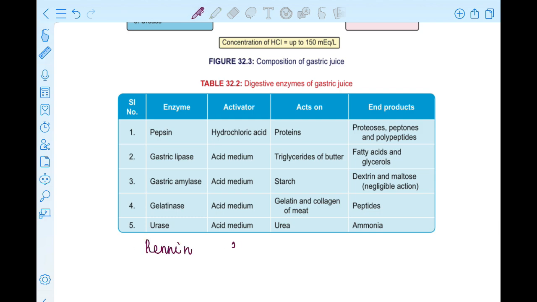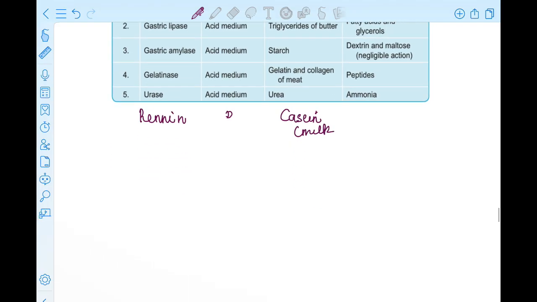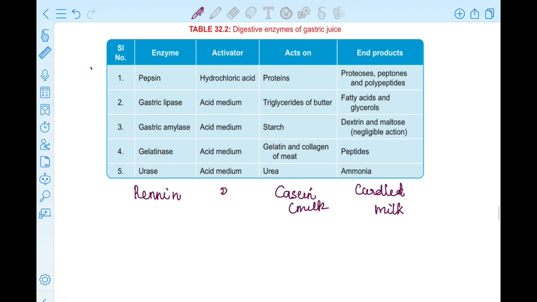Renin again acts under acidic medium and it acts on casein, which is present in milk. Casein of milk, and it will curdle this milk. So the end product will be curdled milk. Milk becomes curd here because of this. So these are the various functions of the digestive enzymes present in the stomach.